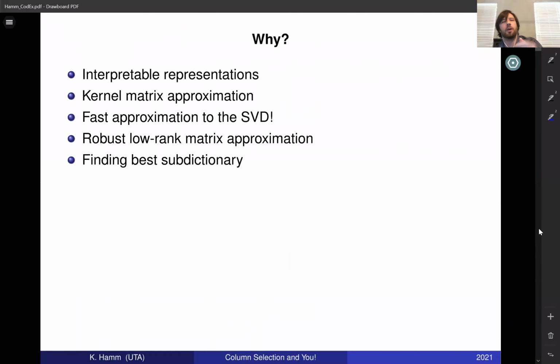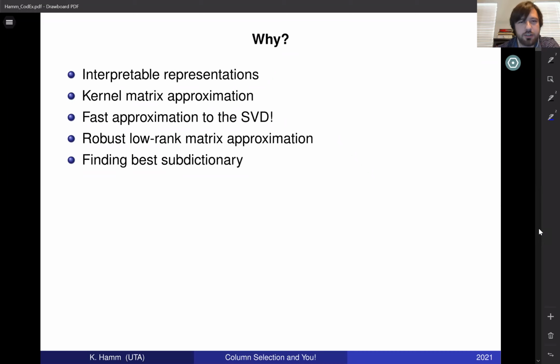Okay, so why would I do this? Well, there are several reasons. One that I'll talk about more as we go is that this provides an interpretable representation of the data, as opposed to representing it in some abstract basis coming from, for instance, the SVD or something like this. I'll bear that out in a moment. It's used in machine learning for kernel matrix approximation.